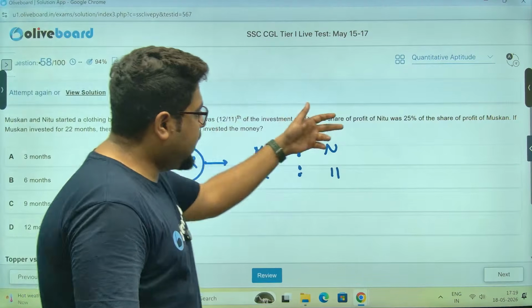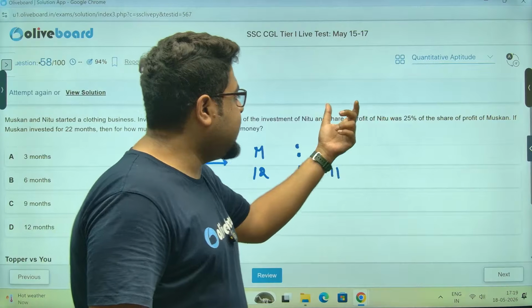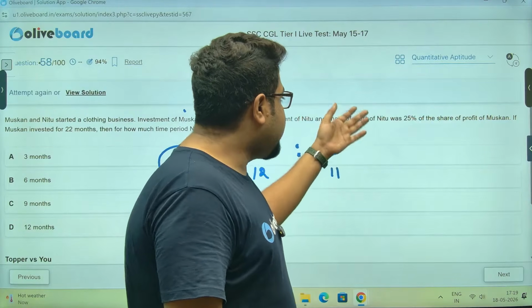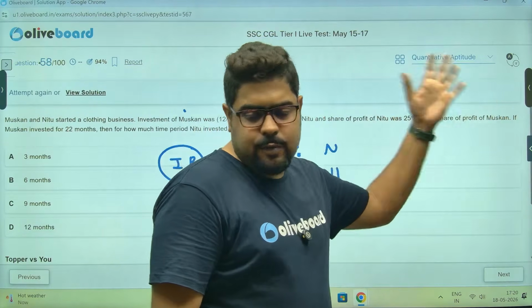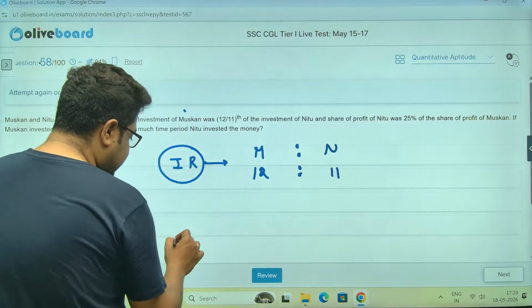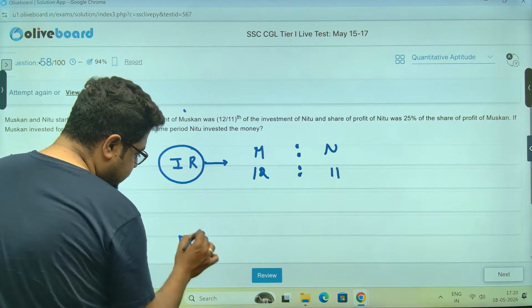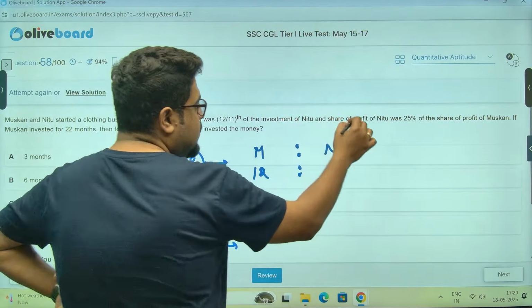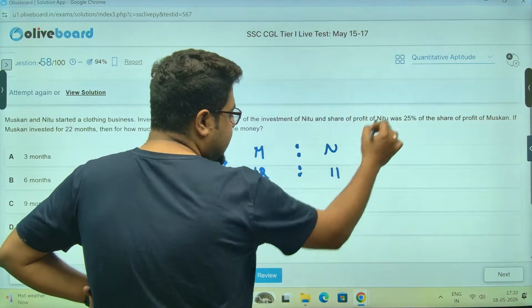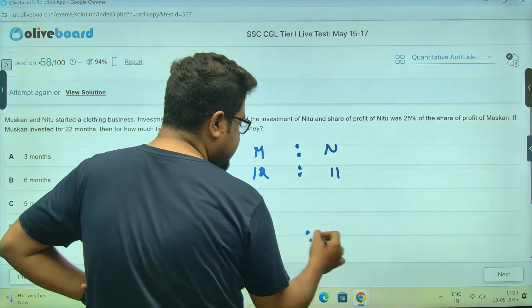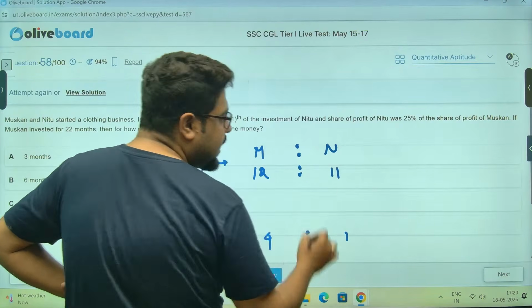The profit of Neetu is 25% of Muskan's. So the profit sharing ratio: Neetu is 25%, meaning 1/4, so if Muskan is 4, Neetu is 1.